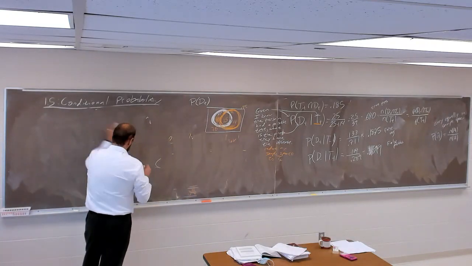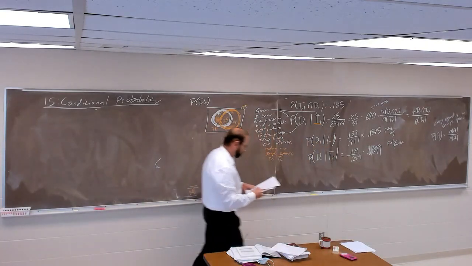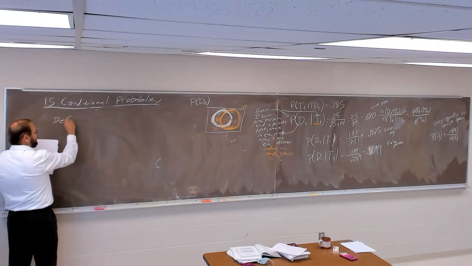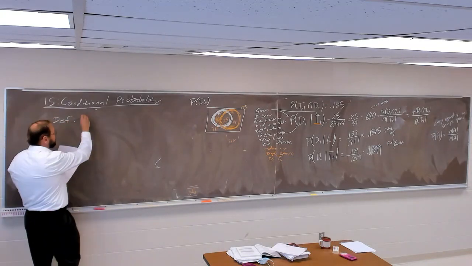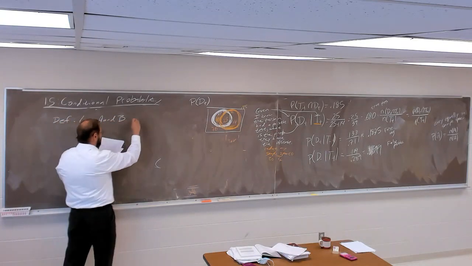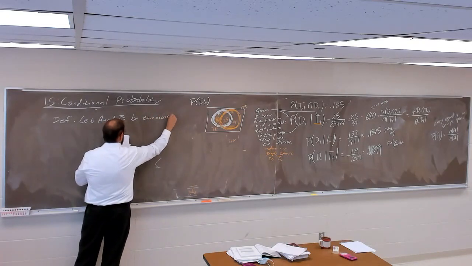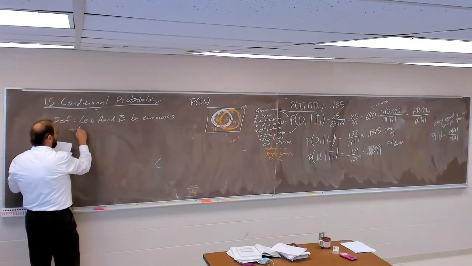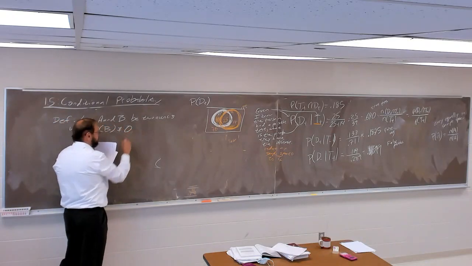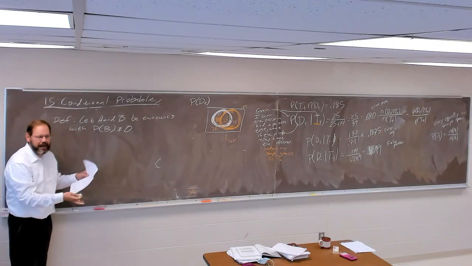So let's give ourselves a couple of definitions. I'll just repeat. Here's our definition of conditional probability. Let A and B be 2 events with the probability of B not equal to 0, right? So B is not impossible. It's not impossible for B to occur.